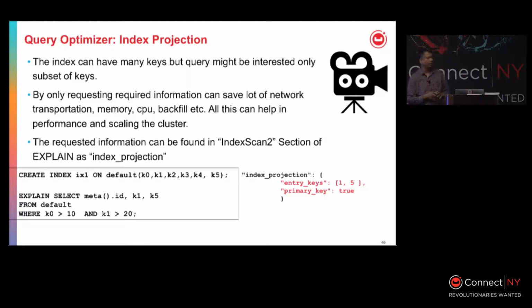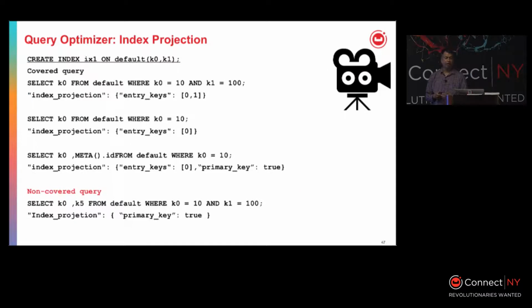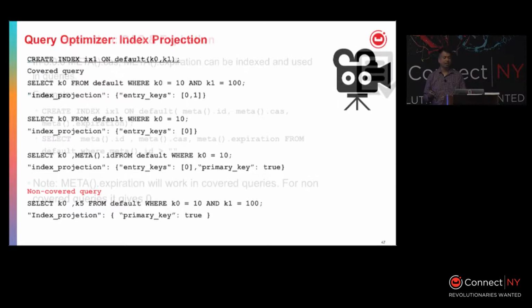So we have implemented something called index projection, which will only return what you want. Here is an example of an index and queries. This is kind of an internal detail, but what it does is minimize the amount of data transfer from the index to the query. That improves your performance, throughput, garbage collection performance, and so forth.